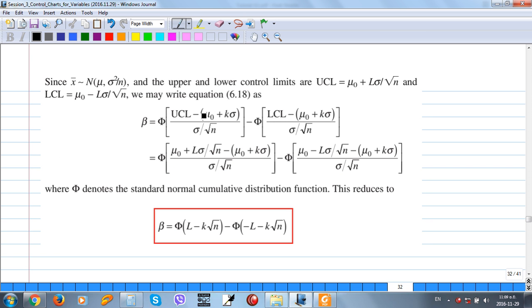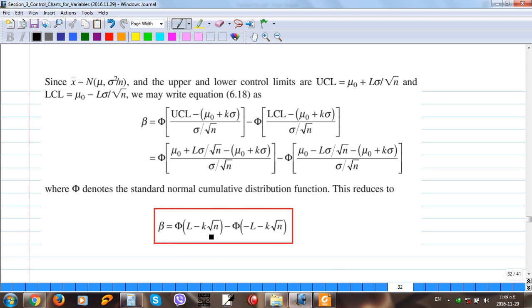Then the new shifted mean is substituted, and if you simplify, phi denotes the standard normal cumulative distribution function. This is reduced to beta equals phi of (L minus k root n) minus phi of (minus L minus k root n). You have to remember this one. This is the function of the OC curve.